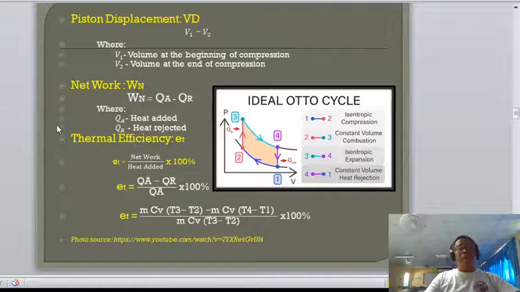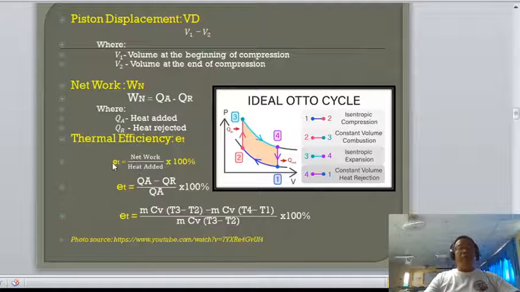Same as with QR, where QR is equal to m multiplied by the specific heat at constant volume multiplied by the change in temperature between 4 and 1, divided by QA, which is m c_v (T sub 3 minus T sub 2).